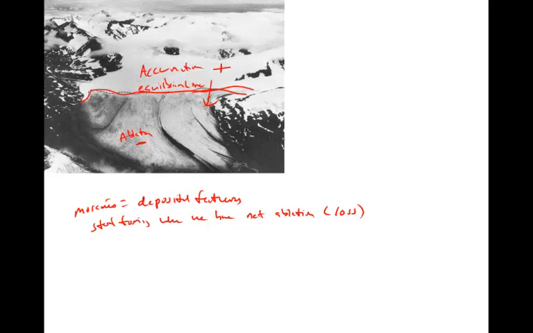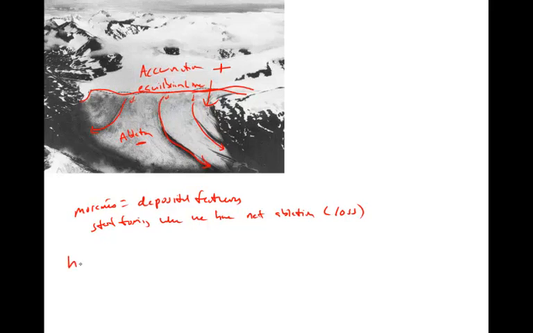We see three small medial moraines on this glacier, and those medial moraines start just below the equilibrium line.